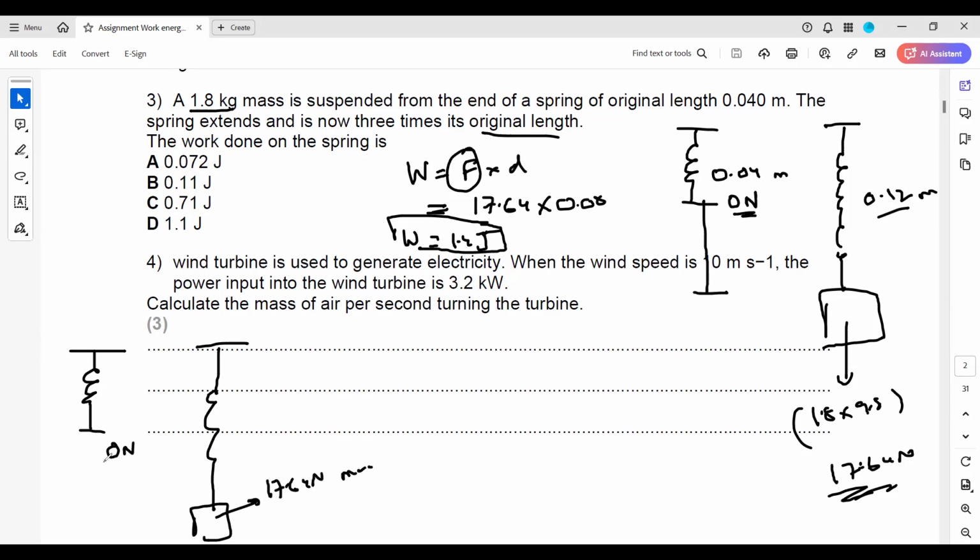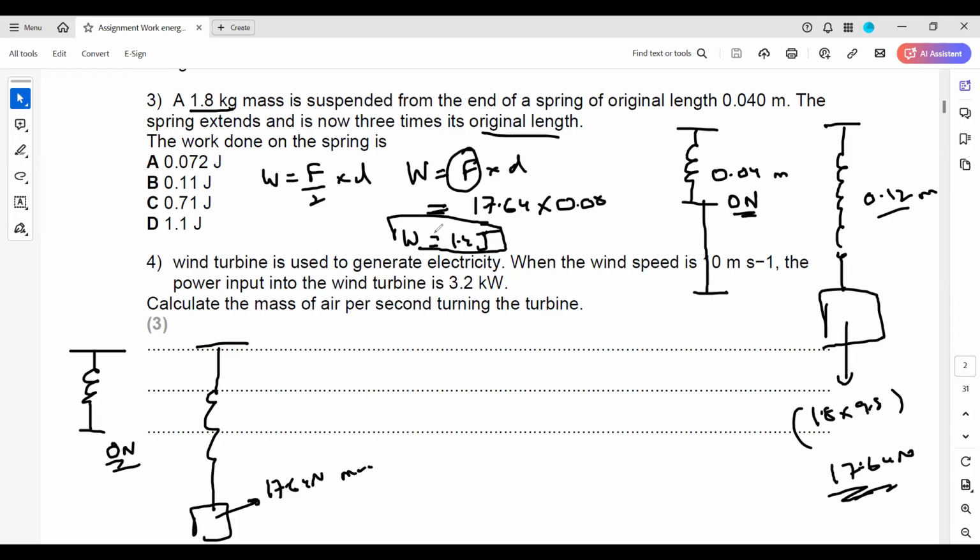That is the maximum, and the minimum force was 0. So what is the average force applied on the spring from 0 to 17.64? That will be half of it. In short, the work done by the spring is half of force into distance. In detail, I will explain this concept in the next topic, which is about materials.